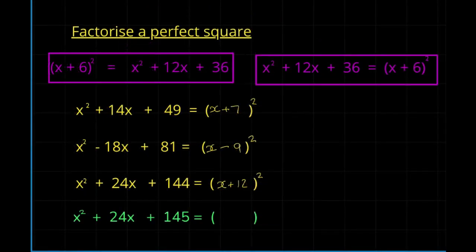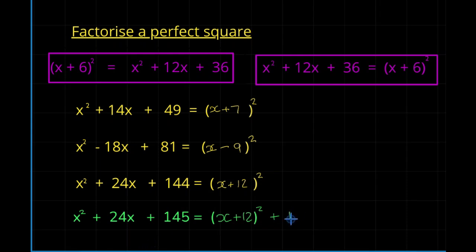Now I've written in the final equation x squared plus 24x plus 145, and you can see it's one more than the previous equation. So again, I can write that as a perfect square of x plus 12, but I need to add on 1 because the 145 is one more than the 144.